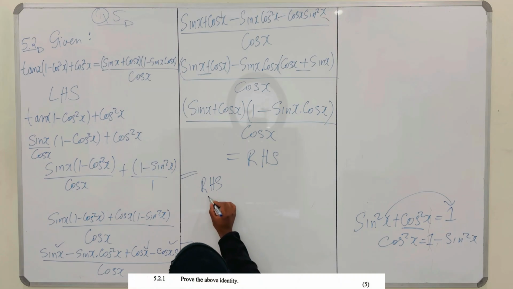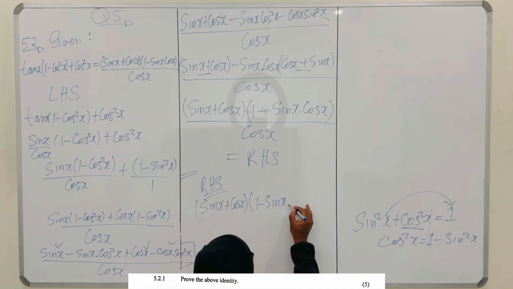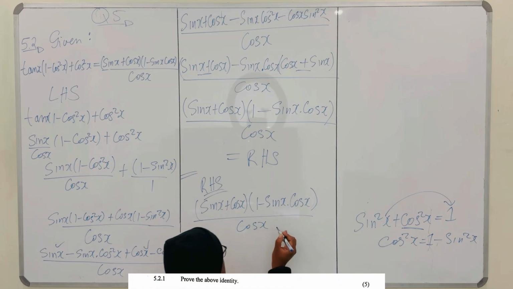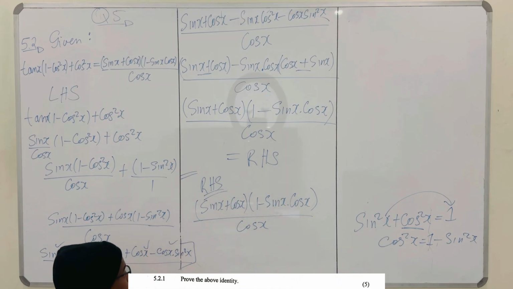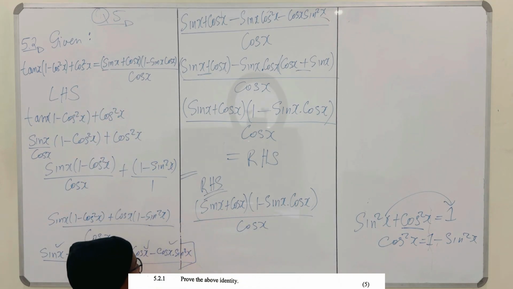So on the right hand side, I have sine x plus cos x, right, times 1 minus sine x times cos x all over cos x. So what do we do from here? Because I've chosen the right hand side now, we're trying to prove that this is equal to that.